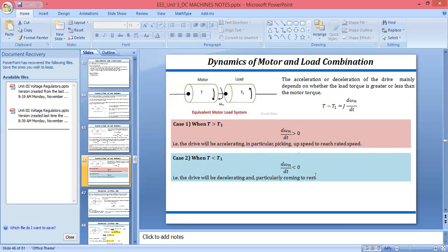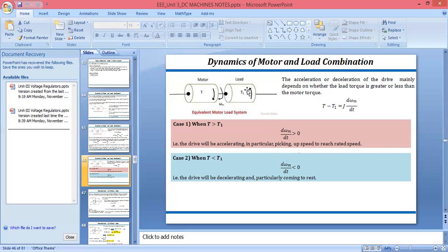So we have finished here the dynamics of motor and load combination, how the motor and load are related with each other. When we give electrical energy, the motor will start to rotate and the load will also start to rotate, but the speed of the load may be different from the motor. So we take tau equal to torque of the motor, and tau 1 equal to torque of the load.